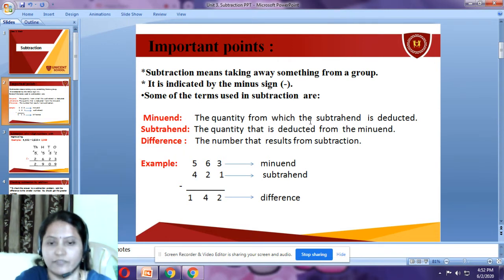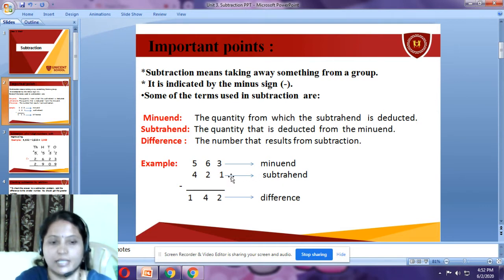The quantity from which the subtrahend is deducted is called minuend. And what is subtrahend? The number that is to be subtracted or deducted is called subtrahend.